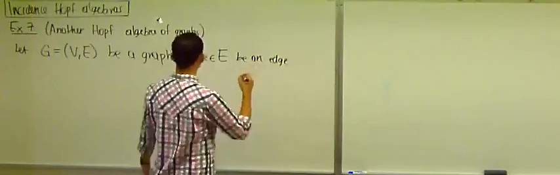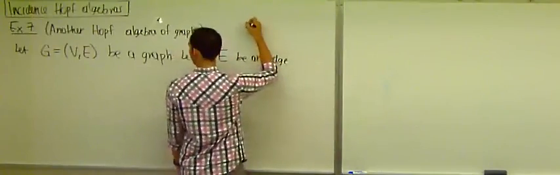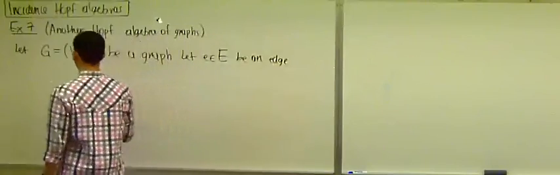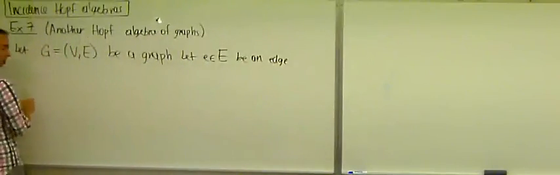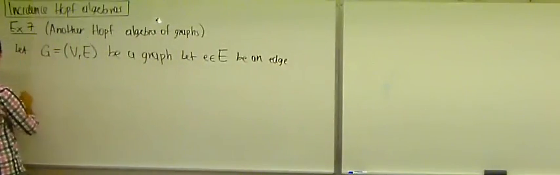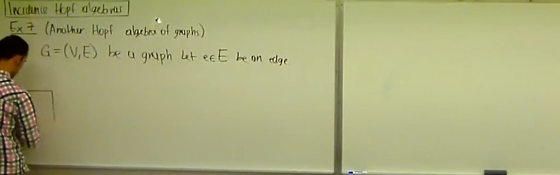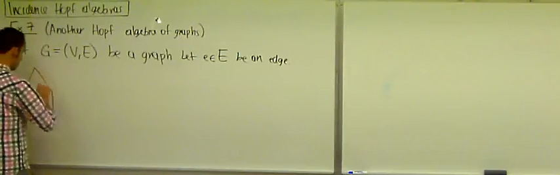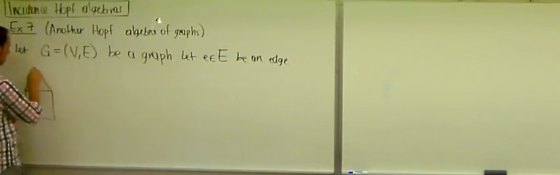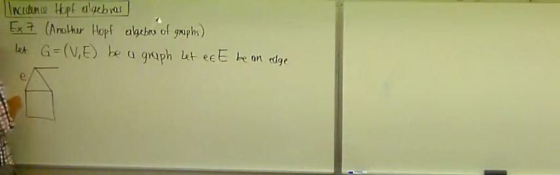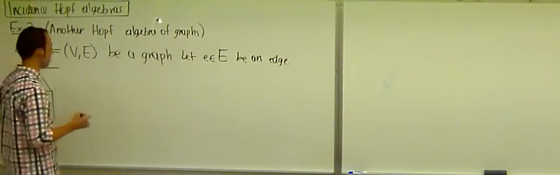Let's actually just do this with a particular example in mind. So let's say that my graph looks like this. Maybe this will be my graph, and this will be my edge E.